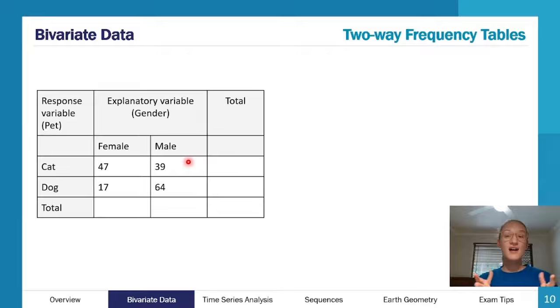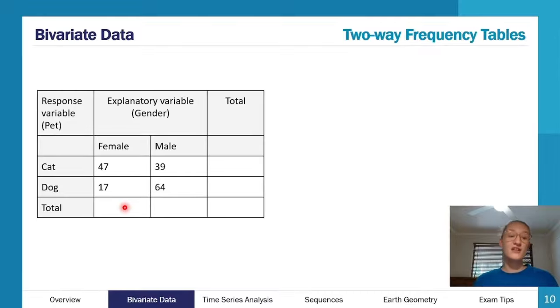And here we have some data that's been neatly arranged in a two-way frequency table so that we can start to see if we think that may or may not be accurate. We can see that out of the females we interviewed, 47 of them preferred cats, 17 preferred dogs, and out of the males in this imaginary sample, 39 preferred cats, and we had 64 males that preferred dogs. From here, you can see we have a few blank squares in our table.